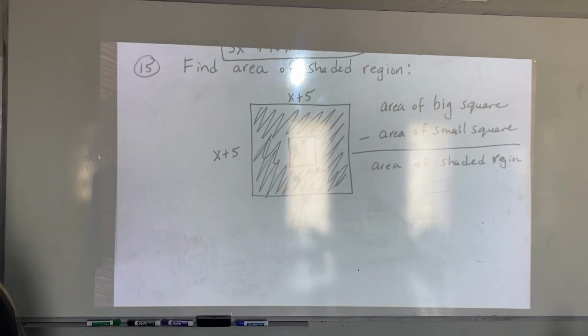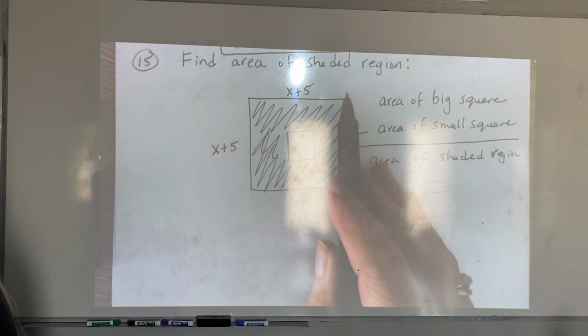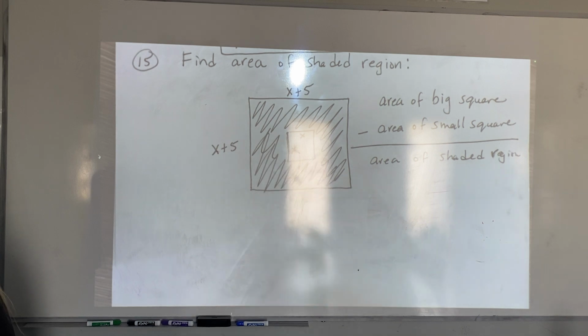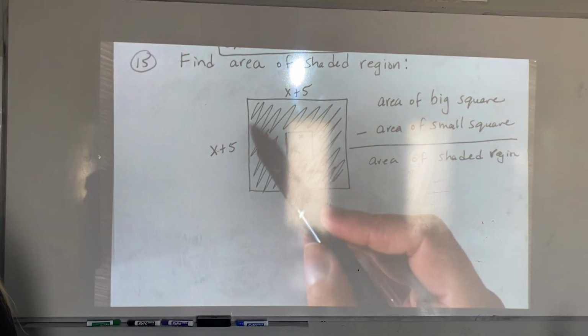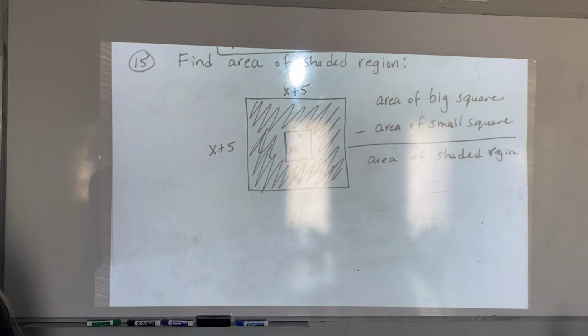Number 15 is going to ask you to find the area of the shaded region. It's going to give you a picture of two squares, one big square and then a little square inside of it. Now, if it's asking to find the area of the shaded region, are they asking for the area of the entire big square? Are they asking for the area of the little square inside?